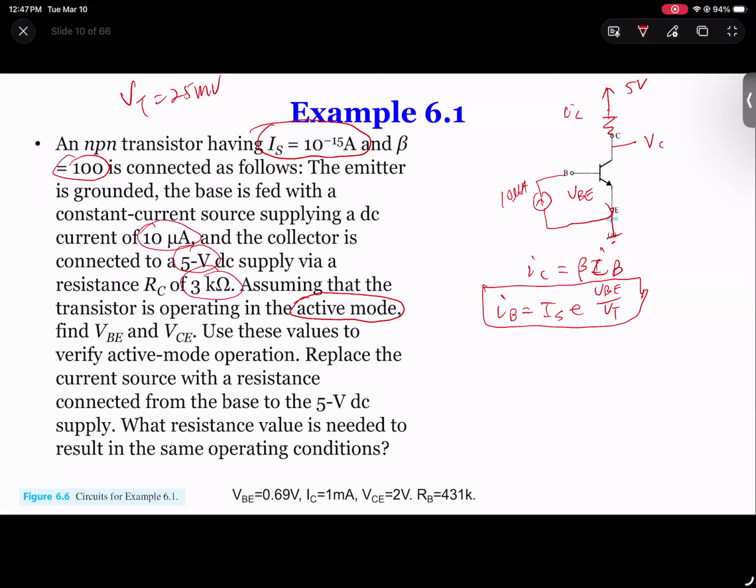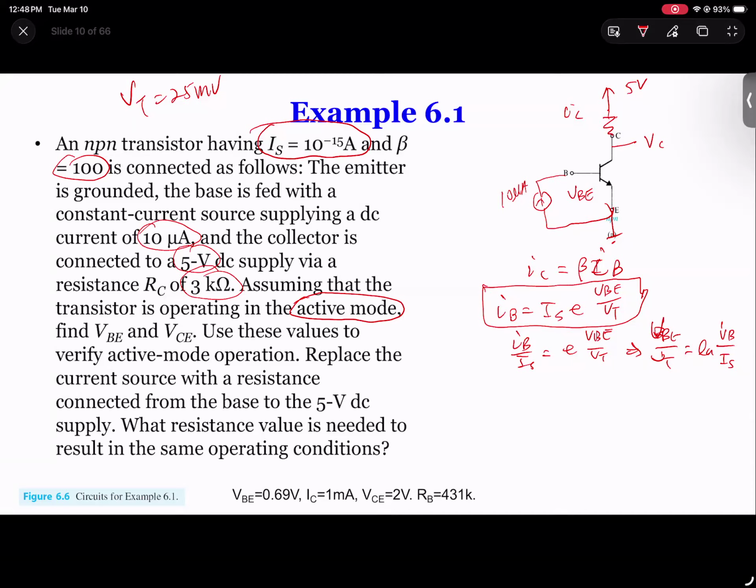So in this case, if we divide by IS on both sides, then we get IB over IS equal to e to the power VBE over VT. And then we take a logarithm on both sides. So we have VBE over VT equal to log of IB over IS. Now, because IB and IS are both given, the easiest way to make sure you get the right unit is to convert them into amps.